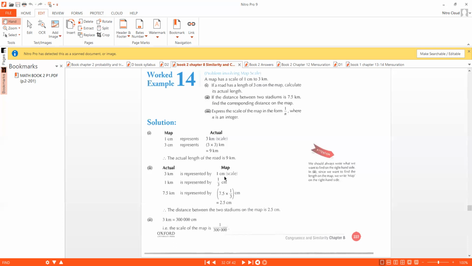So it means that 1 kilometer is represented by 1 over 3 centimeter. So by multiplying 7.5 kilometers by 1 over 3, we can calculate the centimeters for 7.5 kilometers. Okay?